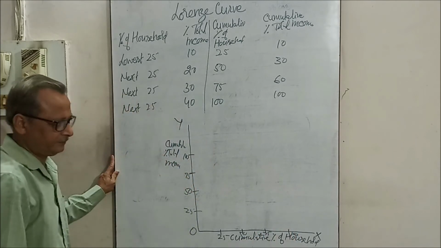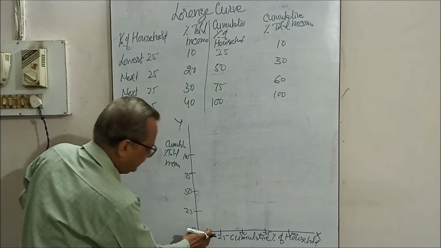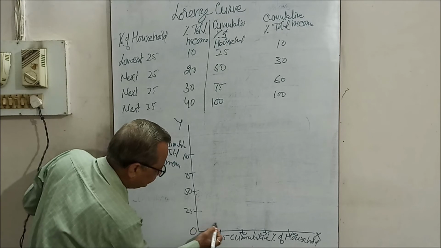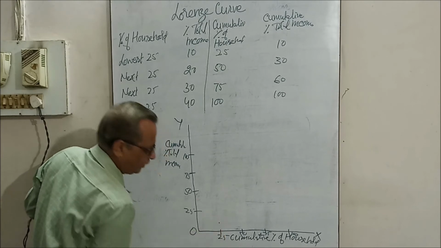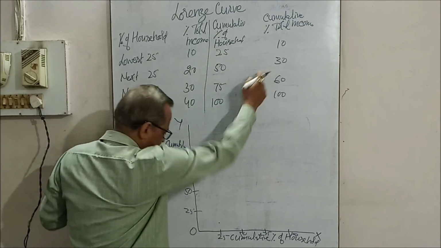Now see, 25, 10. These 25% households get 10% income. Put it here. And then 50, 30.